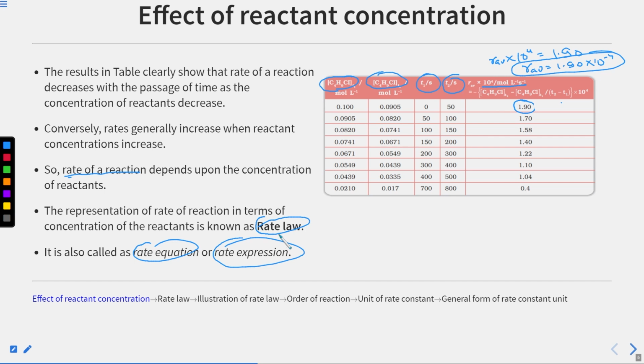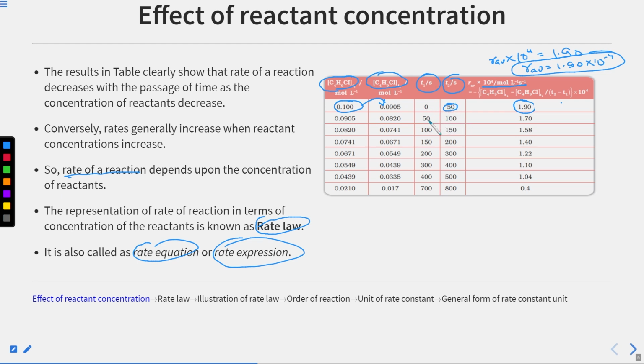Now how the concentration of reactant affects the reaction rate, you can see very clearly in this table. Initially we have 0.1 mmol per liter concentration of C4H9Cl at time t1, and at time t2 its concentration decreases to 0.0905, and the time taken is 50, that is 50 minus 0.